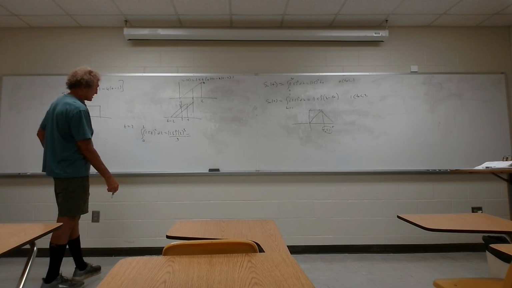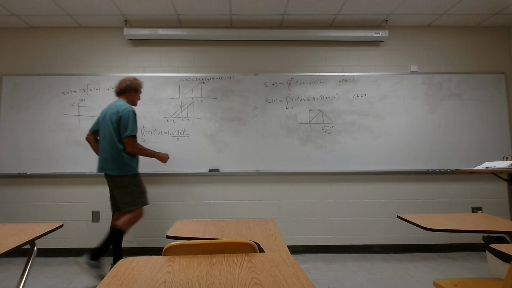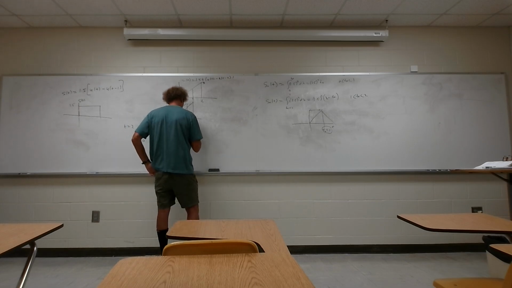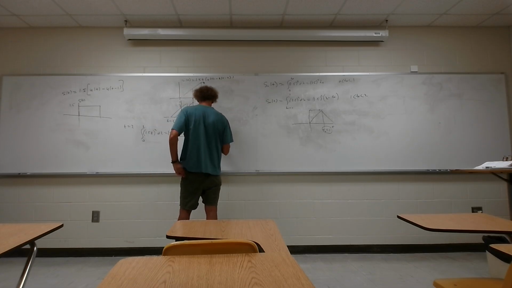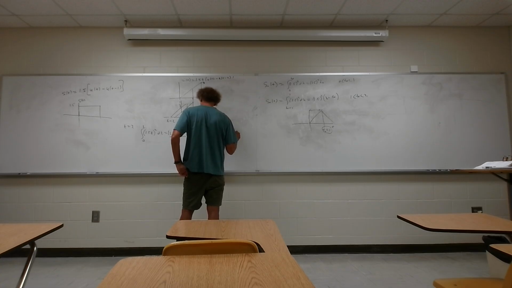So you got 2 times 1, 3 squared is 9 times 2 over 3, so 9 divided by 3. 6, not 5.